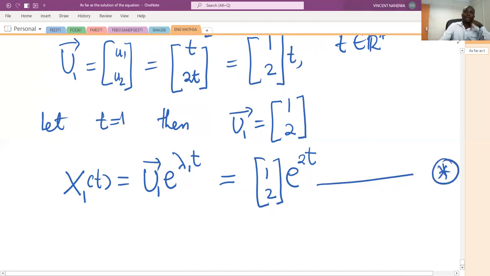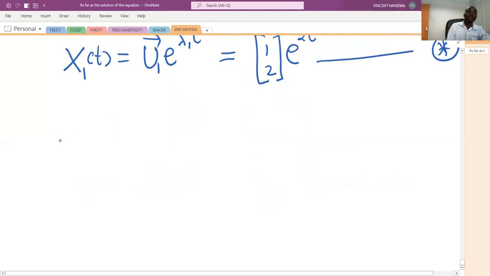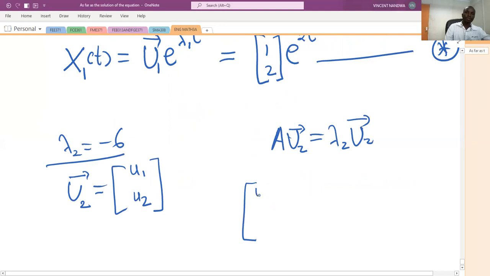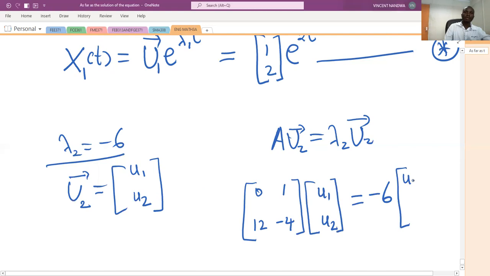So let's go to the second eigenvalue, lambda 2 equals minus 6. Let the eigenvector be U1, U2. You expect to have this equation satisfied. Pick your matrix A, which is 0, 1, 12, minus 4, multiply by this vector U1, U2, and it should give you minus 6 U1, U2.